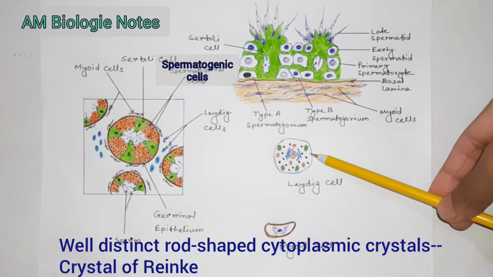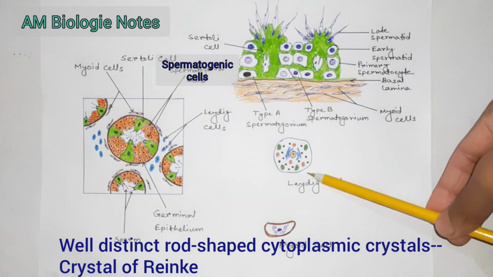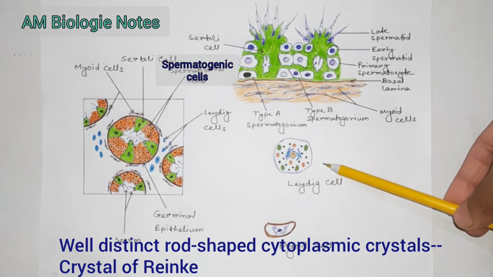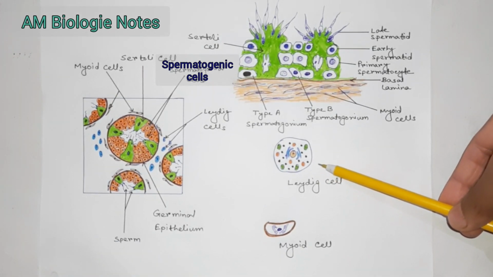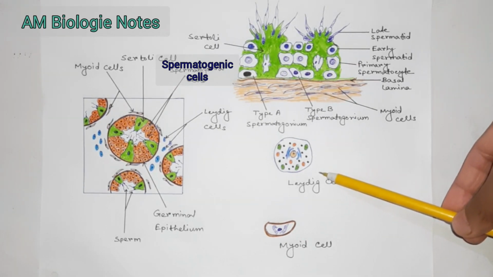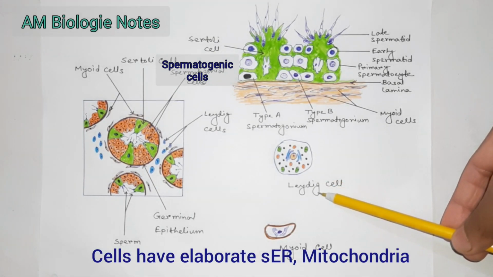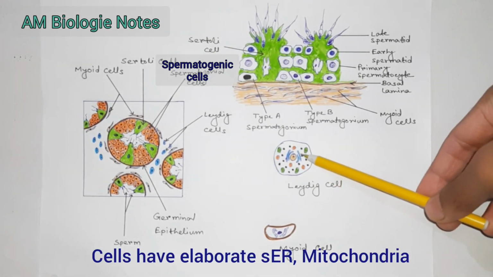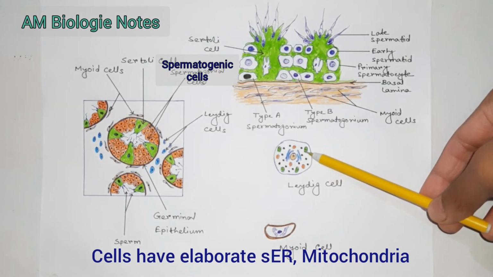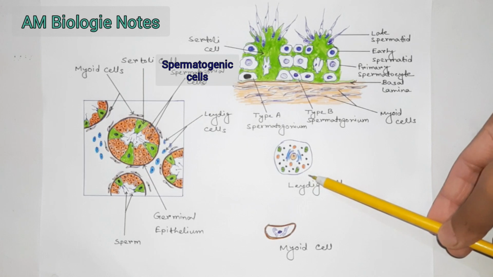Distinct rod shaped cytoplasmic crystals are present. They are known as the crystals of Reinke. These crystals are refractile and measure approximately 3 by 20 micrometer. The Leydig cells have an elaborate smooth endoplasmic reticulum. Mitochondria with tubulovesicular cristae are also present.